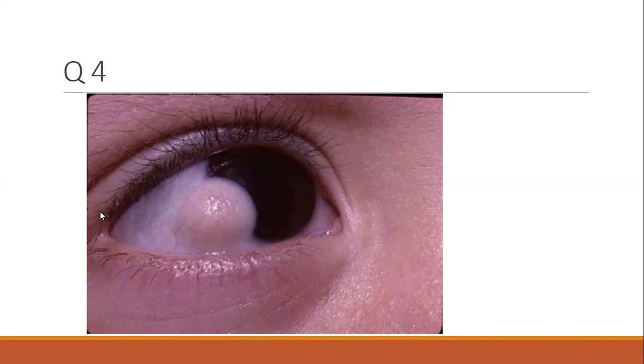First, you told me that you would like to see some systemic associations, right? Are there any ocular associations with this limbal dermoid, or is it an isolated entity? Duane syndrome? Yes, very important. What else?